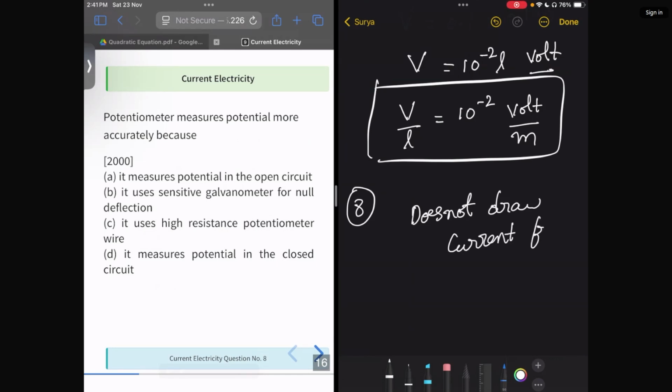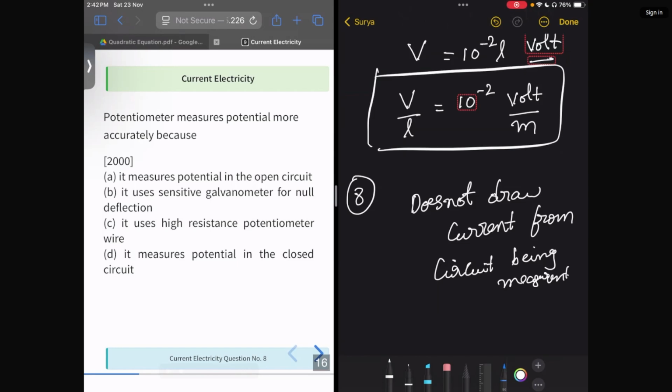Voltmeters draw current, but the potentiometer won't draw current from the circuit being measured. It is a zero current measurement. It measures potential in open circuit, hence the error in potential due to internal resistance is removed. So option A is the right answer: it measures the potential in open circuit.